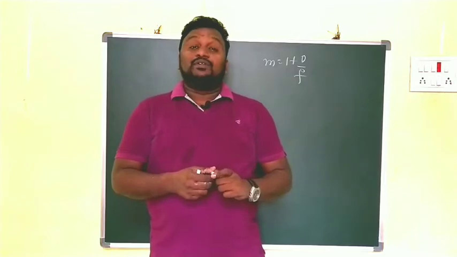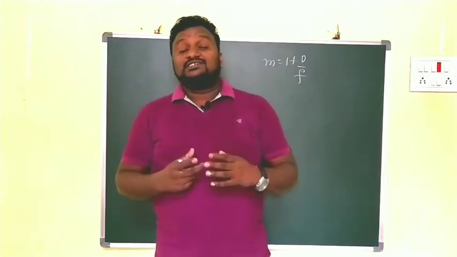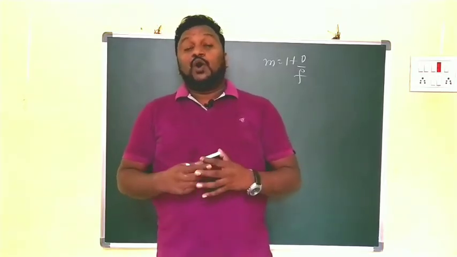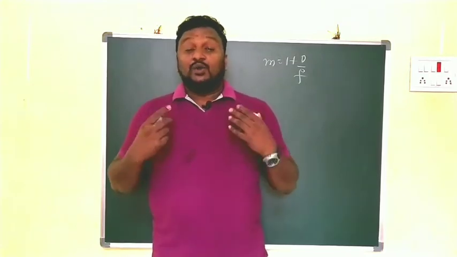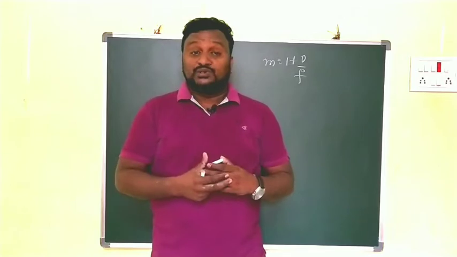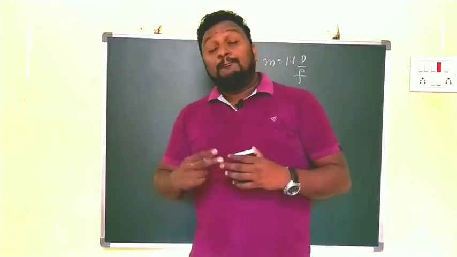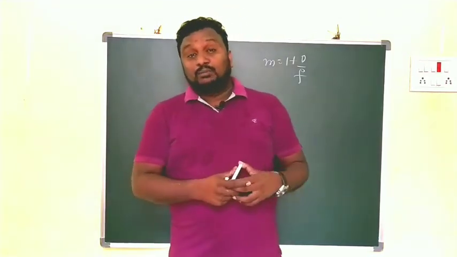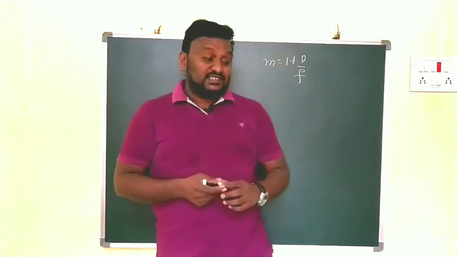So in this topic we will learn what the structure of the compound microscope is, how many lenses there are, how we get the image in the compound microscope, and how we can derive the magnifying power of the compound microscope. Let us see.